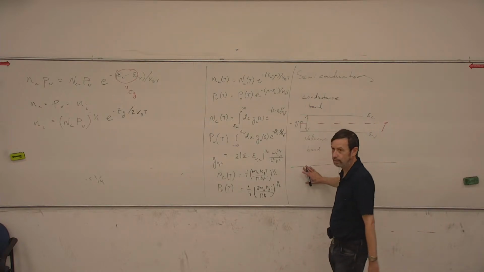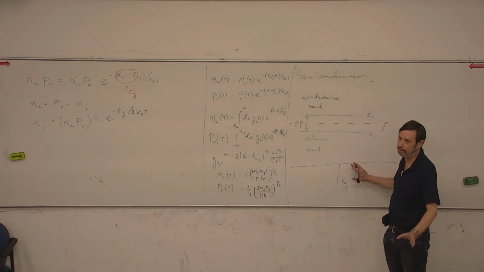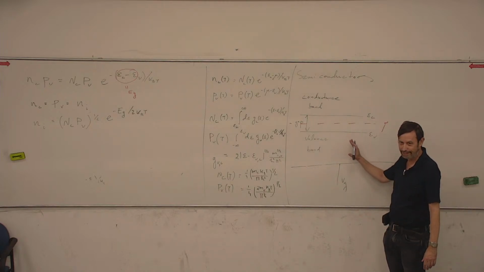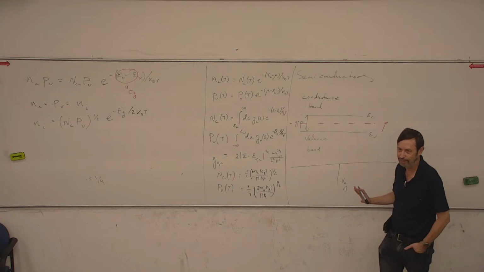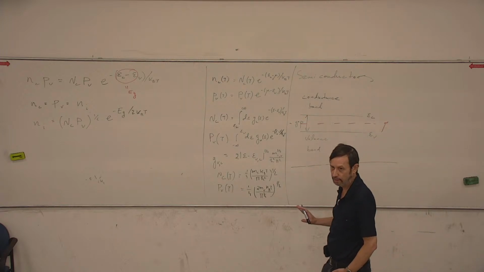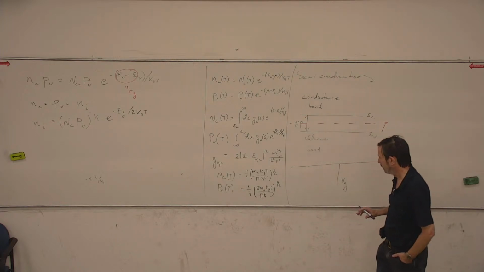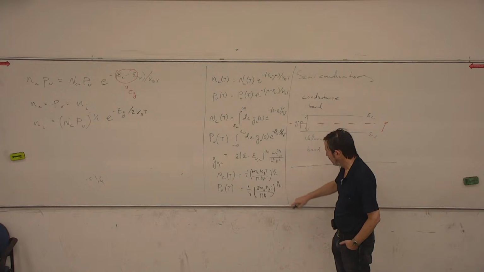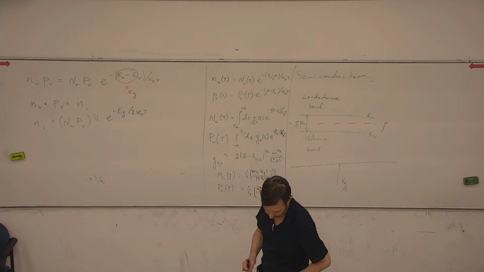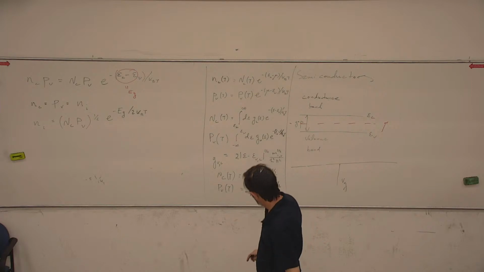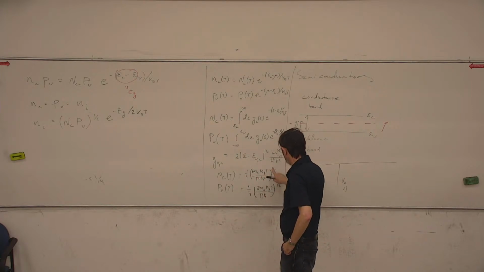And anyone who does anything with semiconductors knows that you can do very interesting stuff by putting a gate on a system. Isn't the power here 3 over 2, not 1 over 2? Very good. 3 halves here.